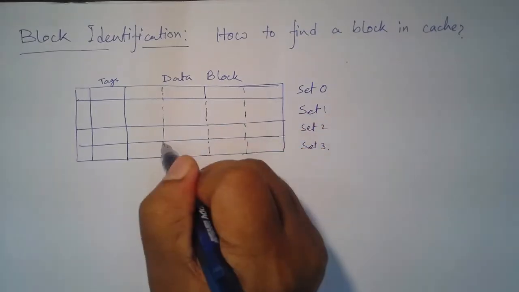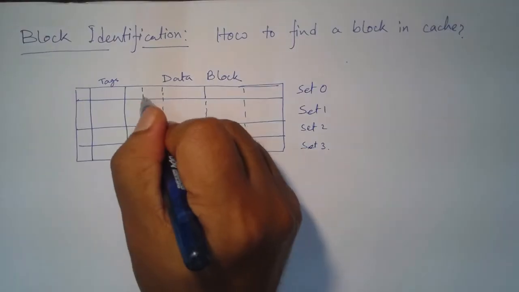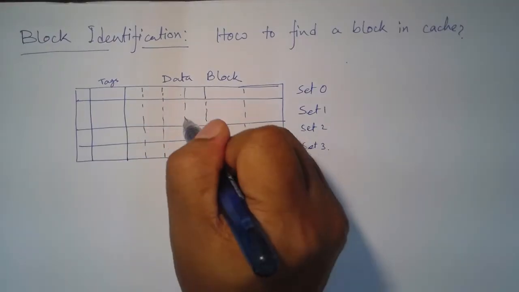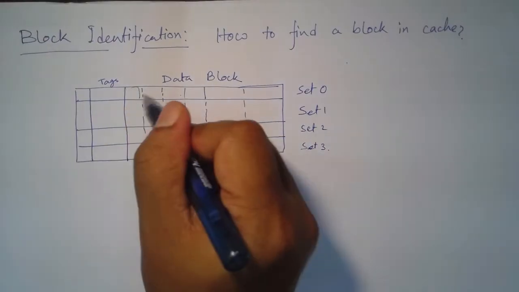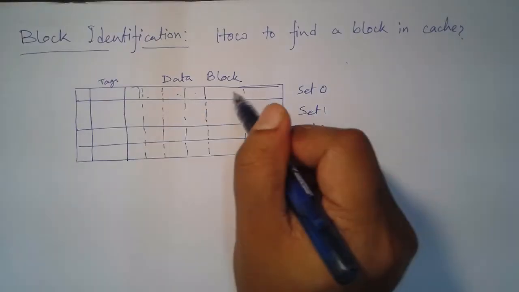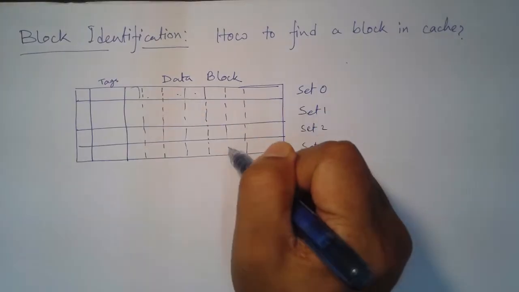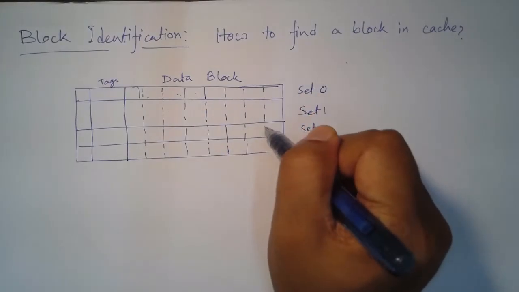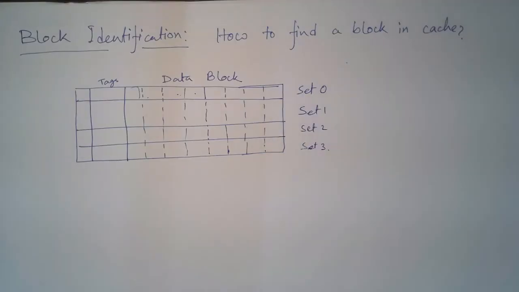I am trying to highlight each of the bytes: this is a byte, this is a byte, and so on, and there are 8 such bytes in one block. Okay, I hope this makes sense.